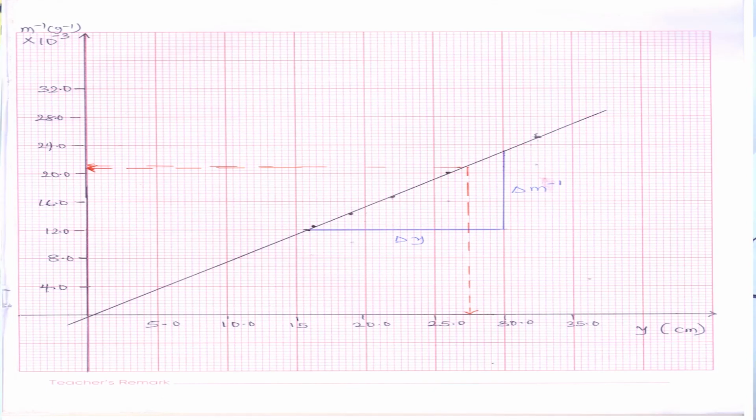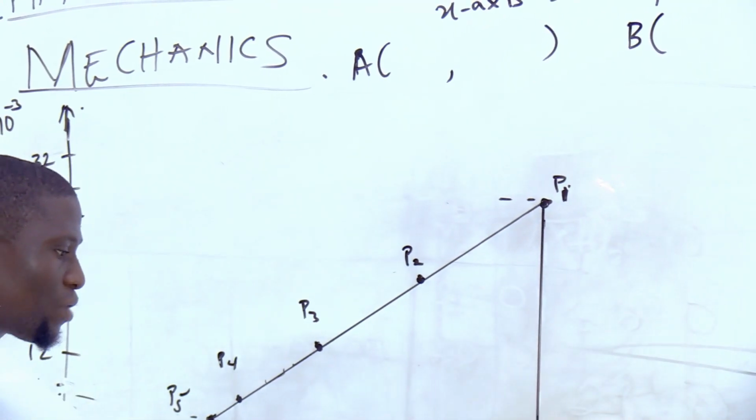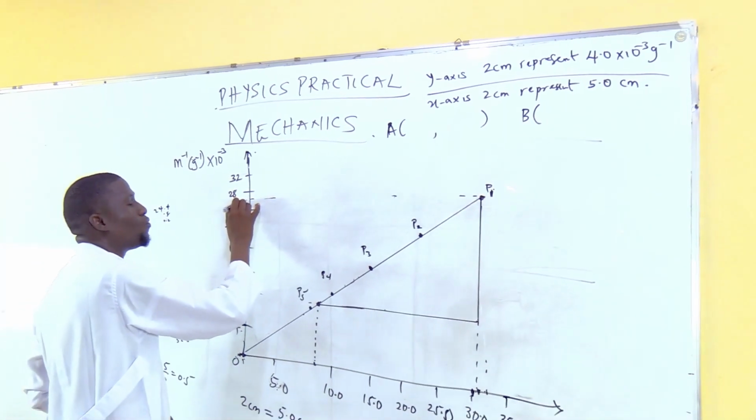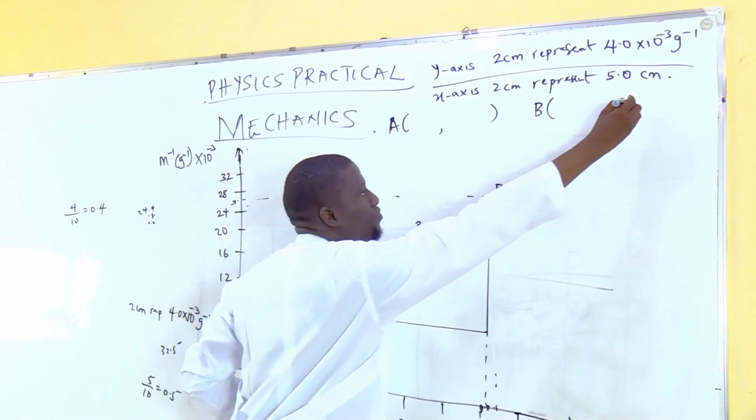Write out the point. The first point, you can call that A, put bracket. You have the value of the first one on the x-axis, the value of the y-axis. The same thing, you go to B, the point 2, you trace it down to x, you have your value, then you trace it down to y, you have your value as well.